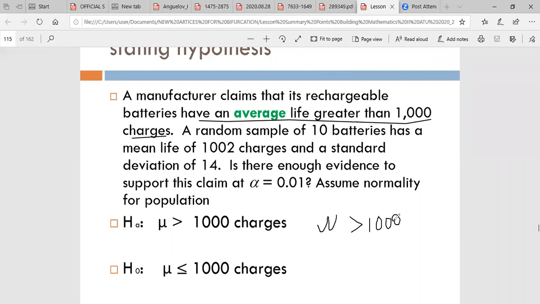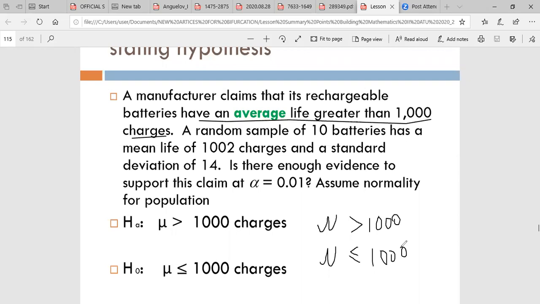Then step two is to write the opposite statement to the claim, okay? And the opposite of greater than is not just less than, but less than or equal to, okay? So mean is less than or equal to what? 1,000 charges. Good. Then in the third step, which is identifying which one is a null and which one is an alternate. Good.